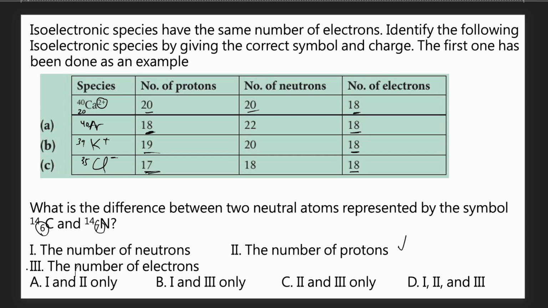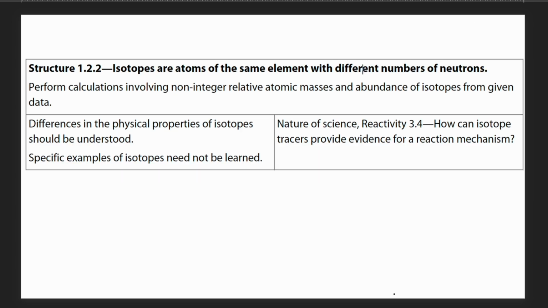What about neutrons? 14 minus 6 is 8, and 14 minus 7 is 7, so the neutron number is also different. The number of electrons is also different: nitrogen has 7, carbon has 6. So all of them are not the same.